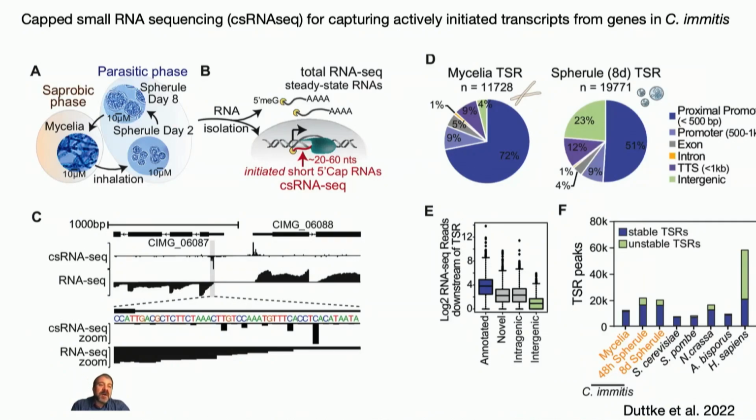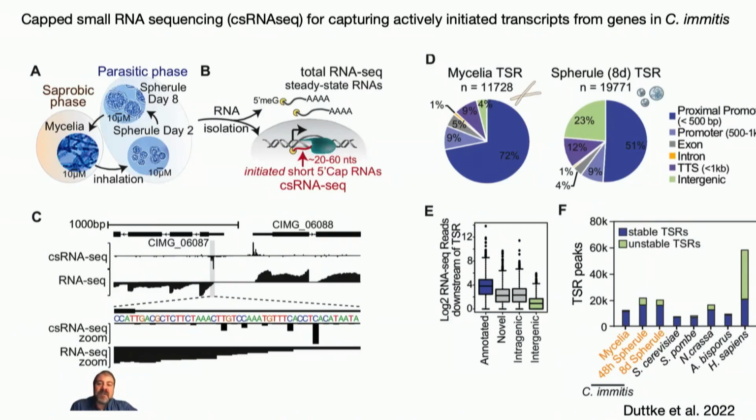In this case, there's a contrast between mycelial and parasitic phase work, and the technique is able to capture these actively initiated transcripts, and that's how it provides this very specific, precise resolution to where transcription is initiating. Using this technique we can start to examine the landscape of where genes are being transcribed during these developmental stages and start to understand potentially the control of that expression.